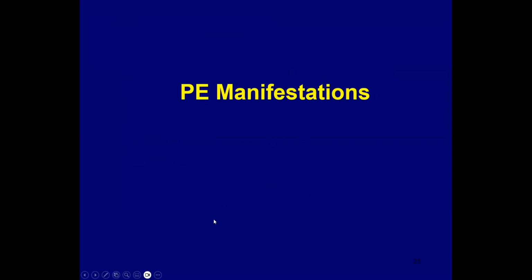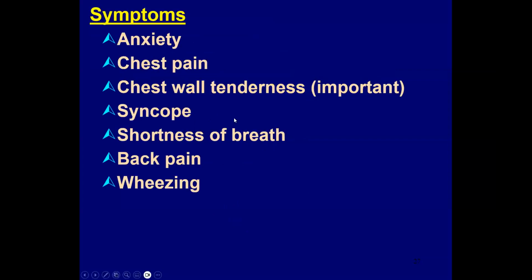So when a patient has a PE, what do we see? What are the manifestations of a pulmonary embolus? Many symptoms. First and foremost, the patient will be anxious. They will be very frightened.